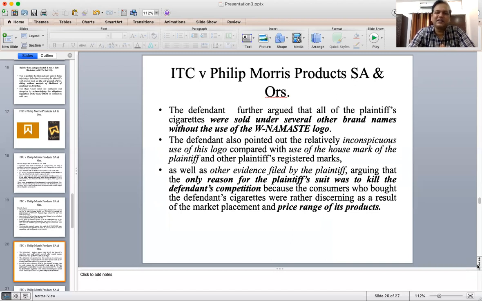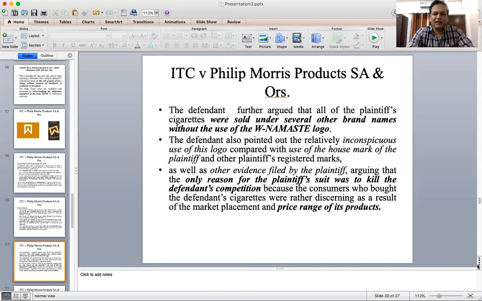The second contention was that all of the plaintiff's cigarettes were sold under several other brand names without the use of the W Namaste logo. The defendant also pointed out the relatively inconspicuous use of this logo compared with the use of the house mark and other registered marks of the plaintiff.